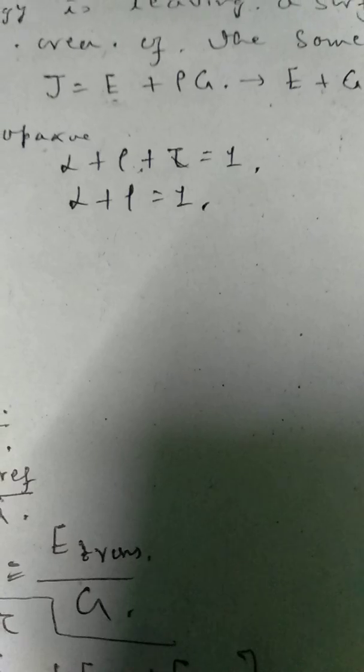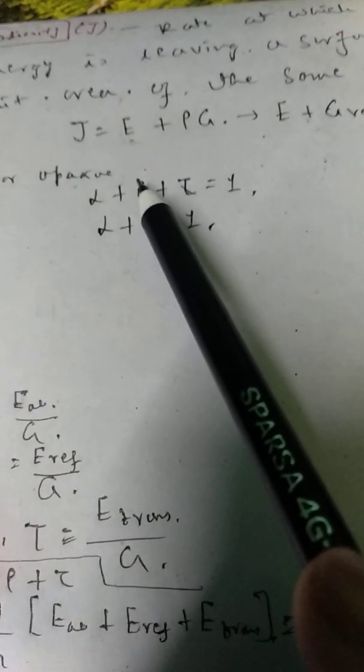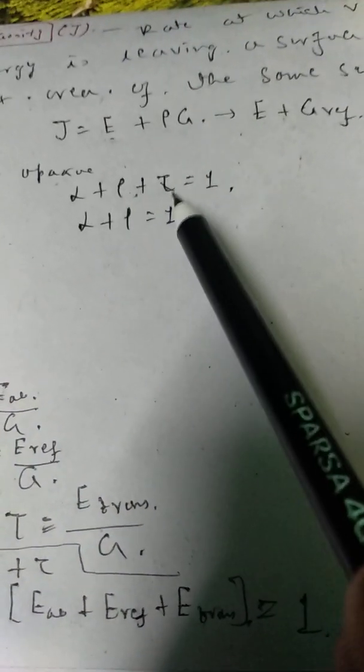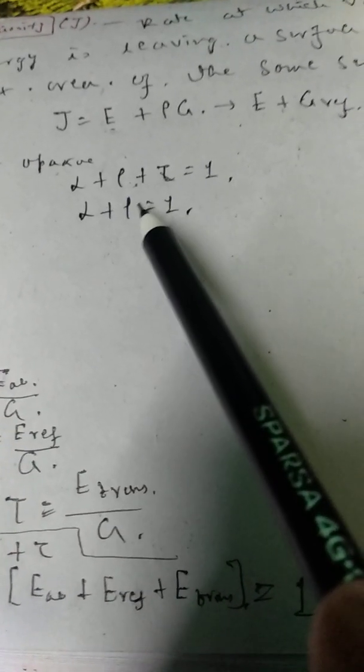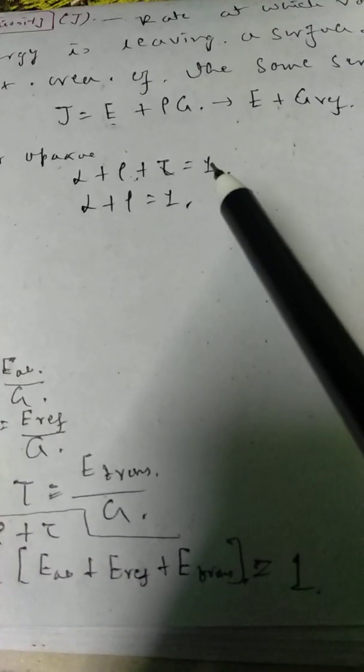Now you also know that the absorptivity, reflectivity and transmissivity, alpha plus rho plus tau, is equal to 1. You have seen this earlier. But in the case of opaque surfaces, this tau, the transmissivity, will be 0.